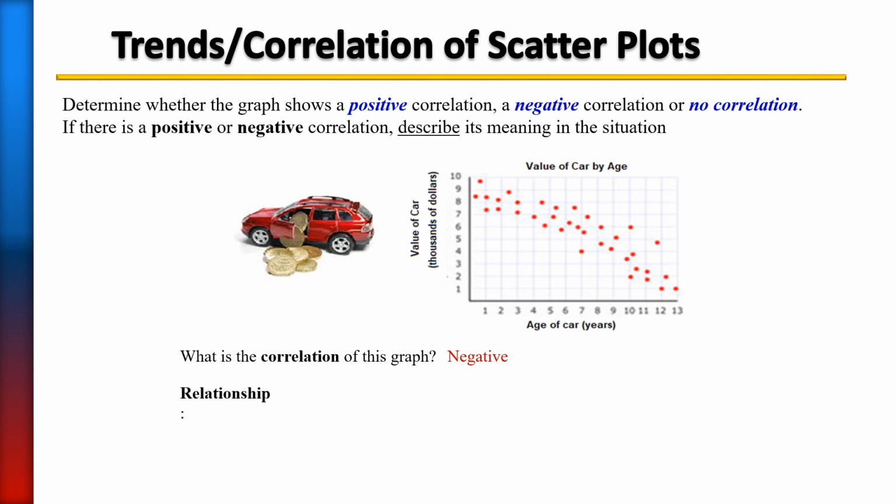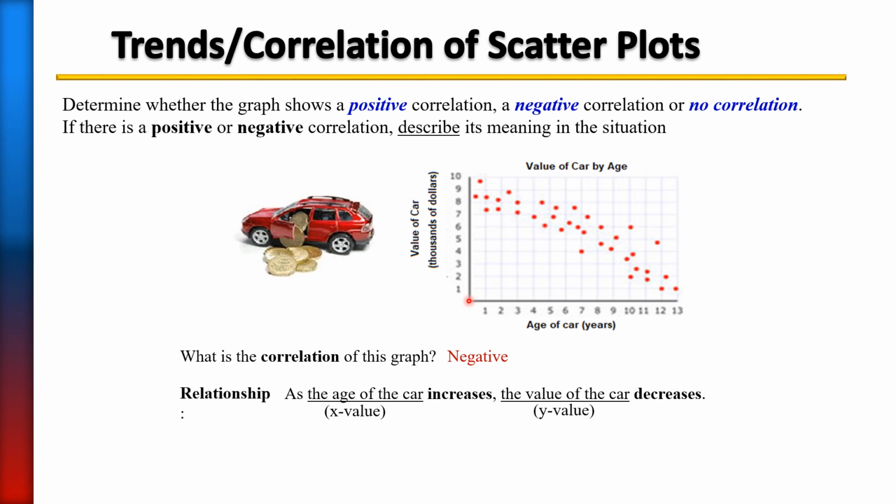And in terms of being able to read the relationship of this data, you would say that as the age of the car in years increases, the value of the car decreases. So on the x-axis is your age of the car. Notice each year it goes up.